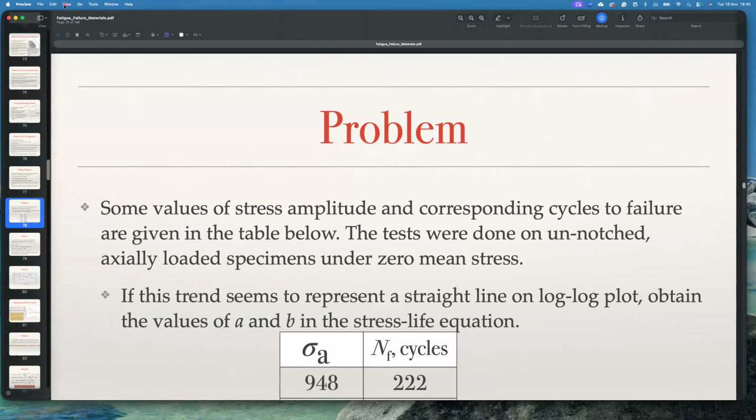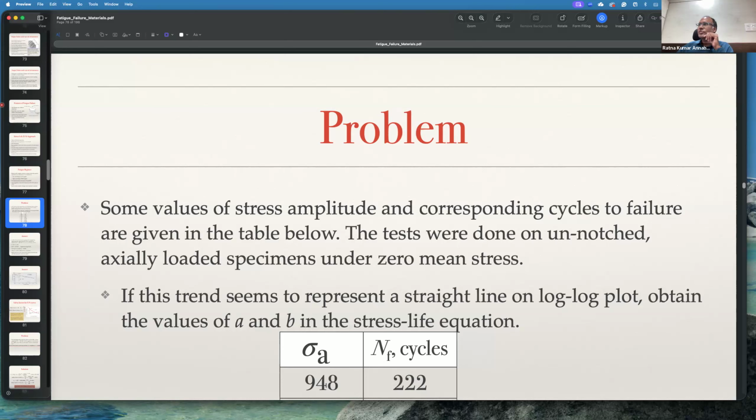I am getting 7e33 x to the power minus 10.58. Does anyone else get the same thing? What kind of equation are you fitting? You are adding a trend line, a power law trend line.